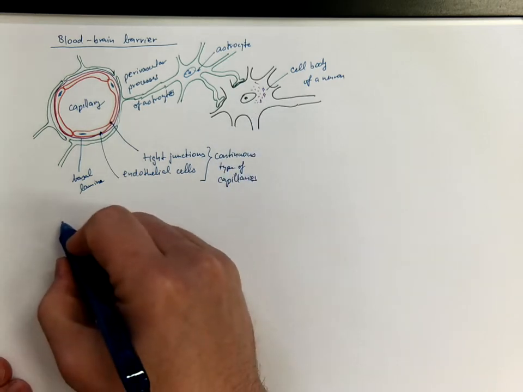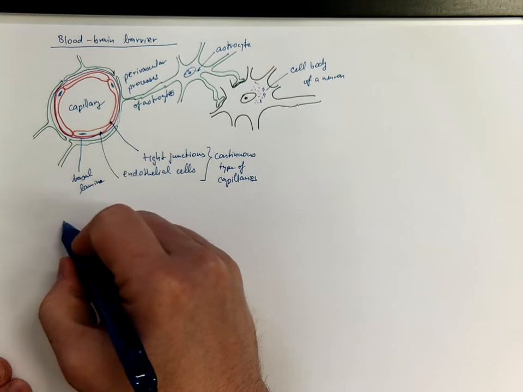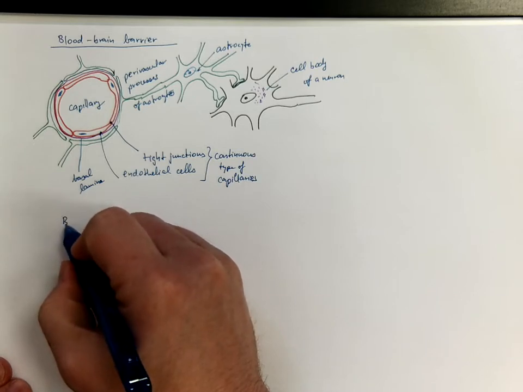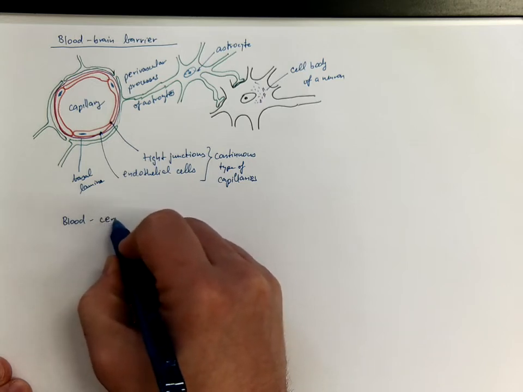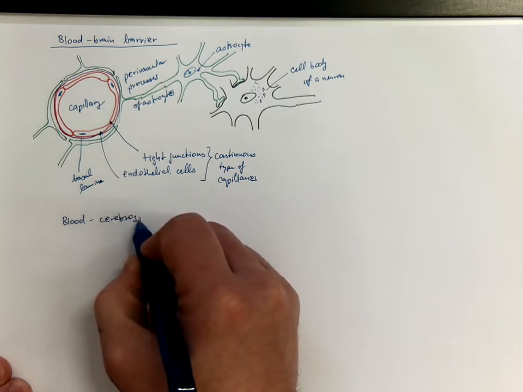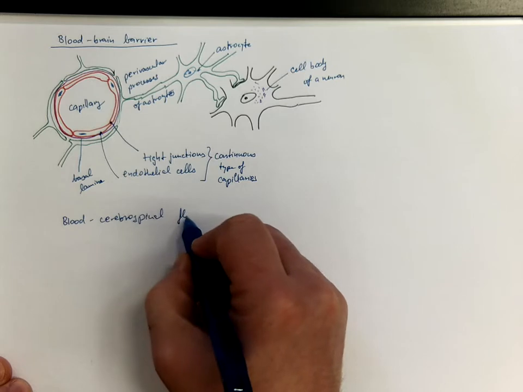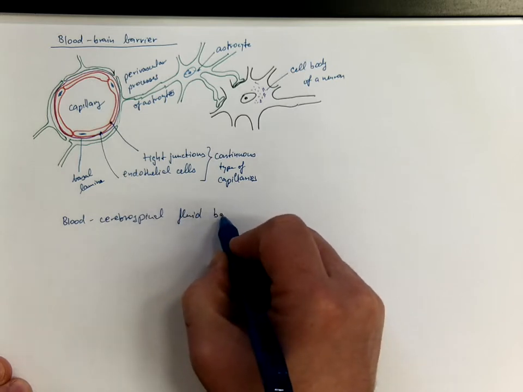Another barrier occurring in the central nervous system is the blood-cerebrospinal fluid barrier.